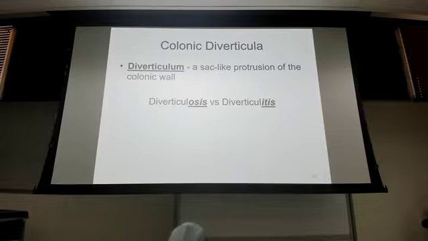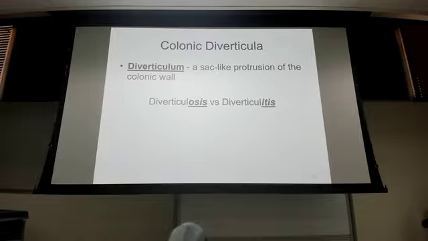The pouch of the rubber on the tire. They get there from increased intraluminal pressure, so pressure inside the lumen of the large intestine increases, and then you get a little pop out, right? A pouch protruding from the wall, exteriorly, on the outside.